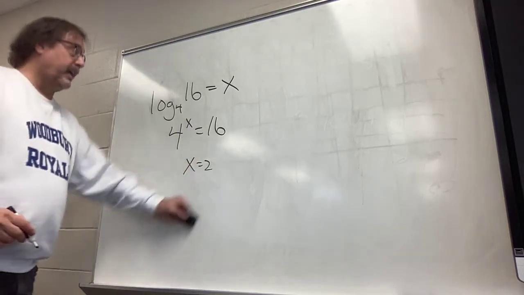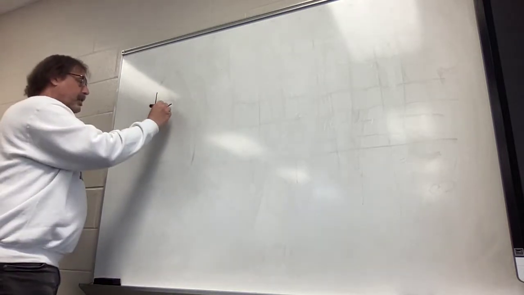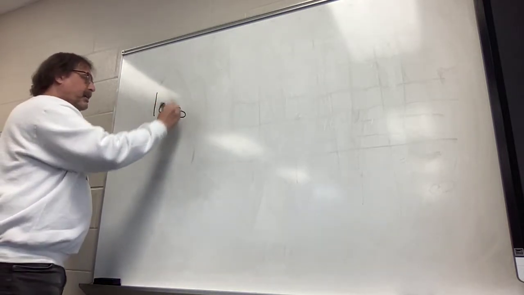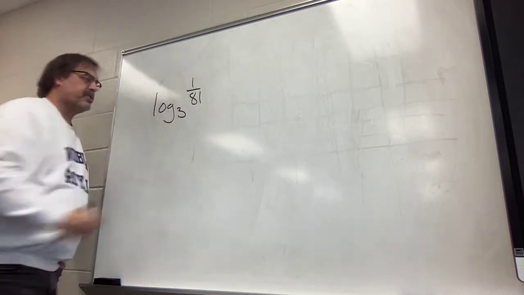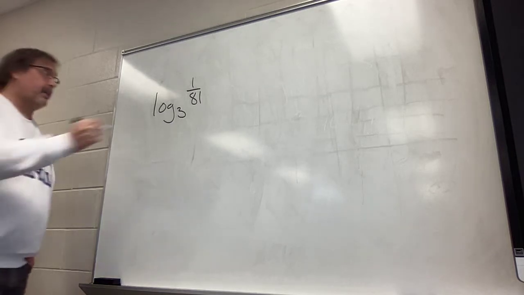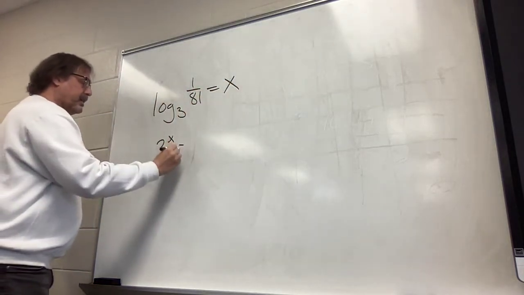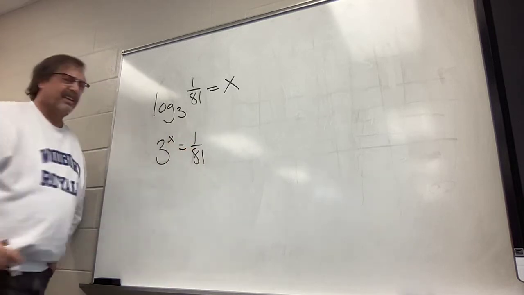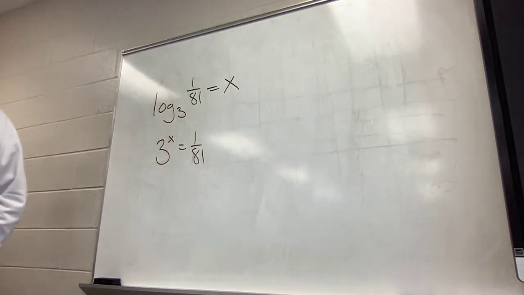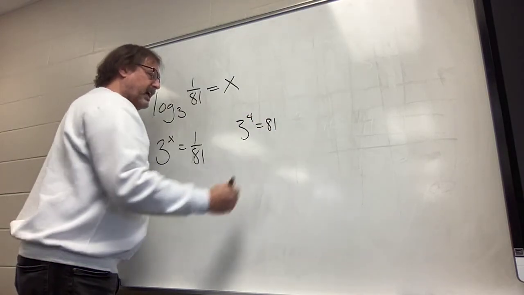And then we had a little more difficult one. We might have had log base 3 of 1/81. That was a little trickier. My suggestion was to write equals x. Then we get 3 to the x equals 1 over 81. And it's like, hang on, that looks weird. So for a moment, I wanted you to think 3 to the 4th equals just 81.